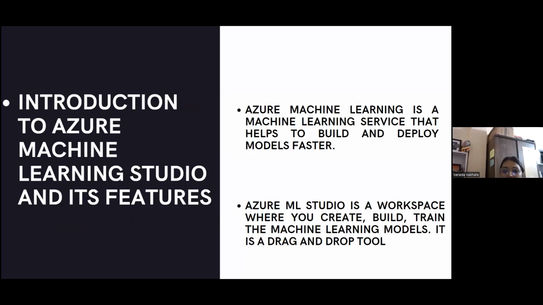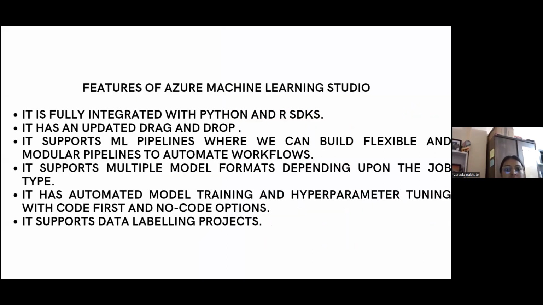Now, Azure Machine Learning helps in building and deploying models faster. Azure Machine Learning Studio is a workspace where we create, build, and train machine learning models. Its features are that it is fully integrated with Python and R SDKs.